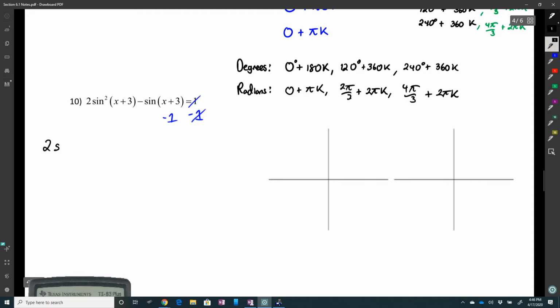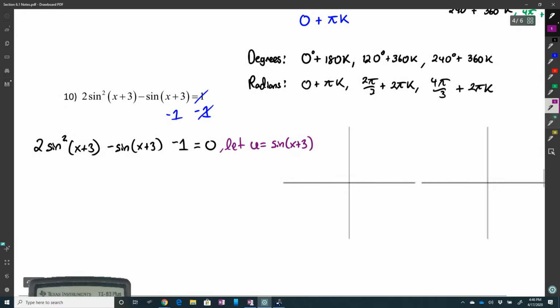And so I have 2 sine squared of x plus 3 minus sine of x plus 3 minus 1 equals 0. So if you wanted to, you could say, let u equal sine of x plus 3. I'm going to replace all of the sine of x plus 3's with a u. So I end up with 2u squared minus u minus 1 equals 0.